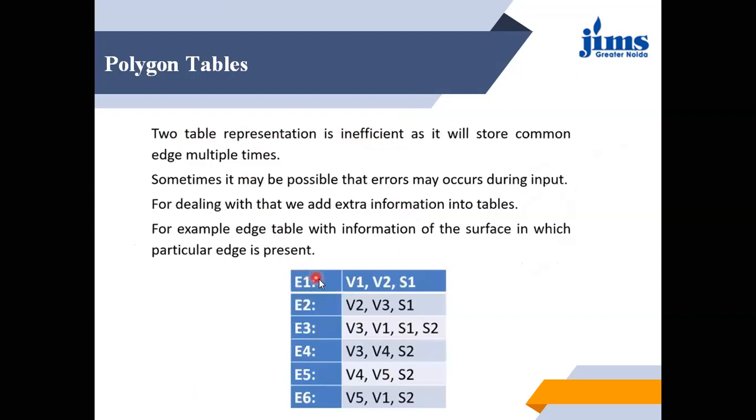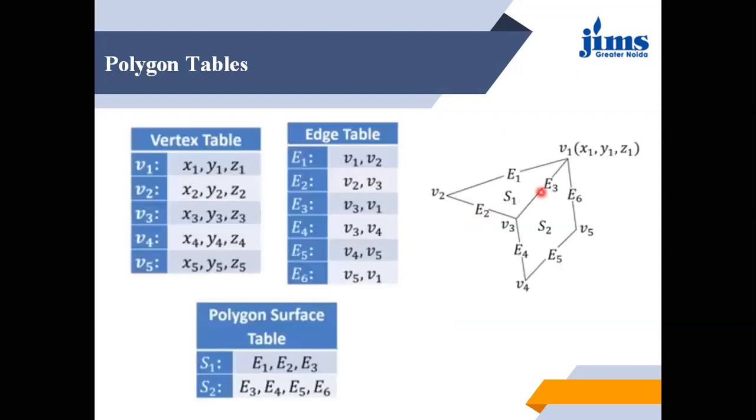Sometimes it may be possible that an error may occur during input. For dealing with that, we add extra information into the table, for example a table with information of the surface in which a particular edge is present. As over here, you can see that E3 is in both surfaces, that is S1 and S2.